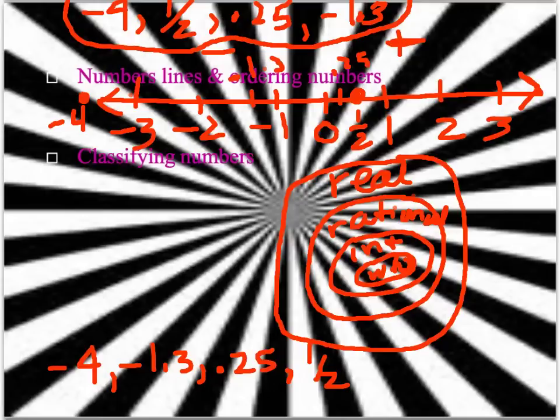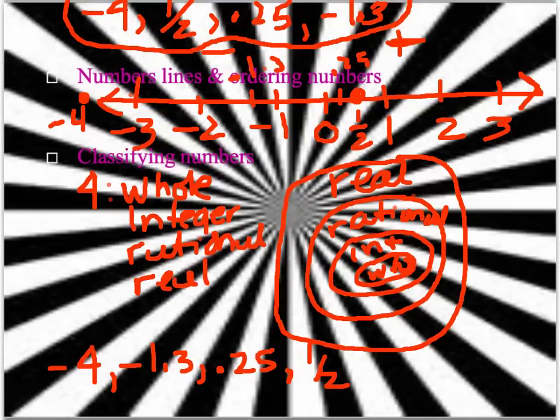So let's do an example. Let's say I take the number 4. Well, 4 is a whole number. It is an integer. It is rational. And it is real. So there's an example of a number that's a whole number, it's an integer, it's rational, and it's real.